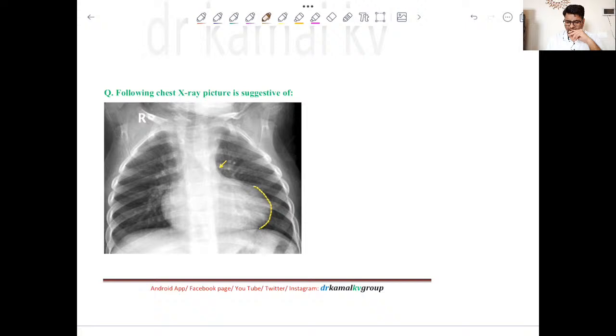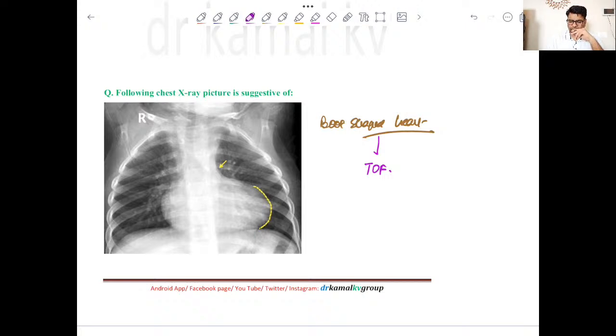And whenever we say boot-shaped heart, of course we are talking about Tetralogy of Fallot. Wonderful Ishan, you are right.